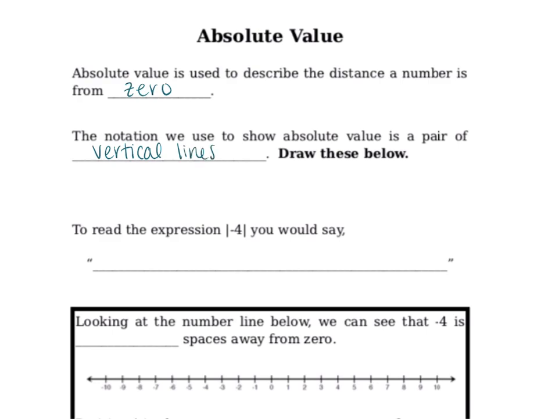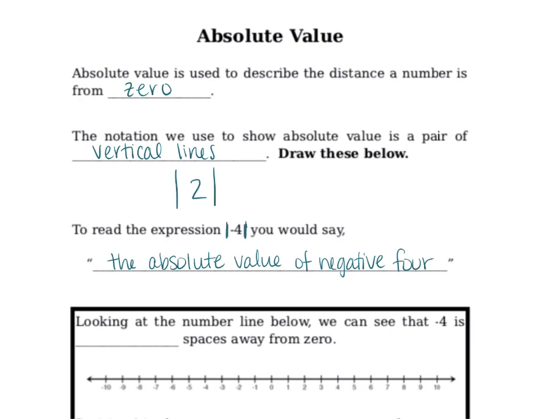So it will look something like this. A vertical line and a number, so say 2, and another vertical line. If you look at the one below, it says to read the expression vertical line, -4, and vertical line, you would say the absolute value of -4.